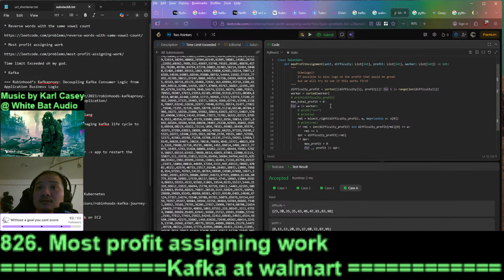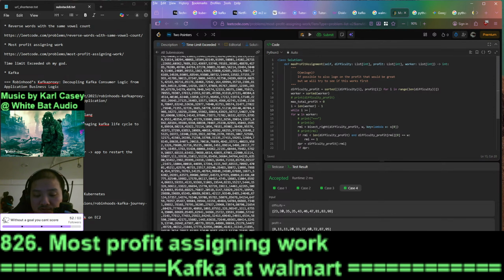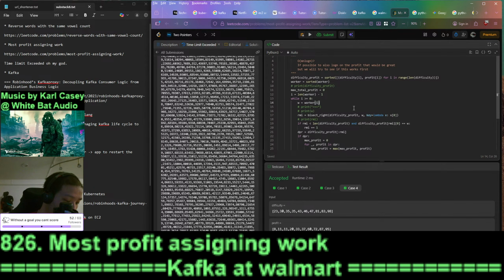So I equals len of worker minus 1, while I is greater than or equal to 0, right? w is equal to worker at I. Okay, so first we gotta find the w in this difficulty profit, right?